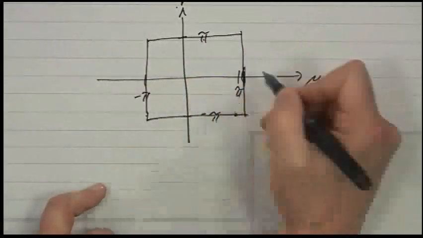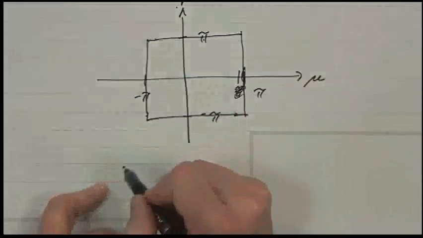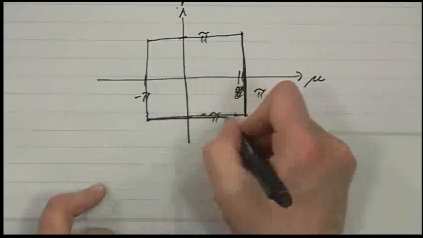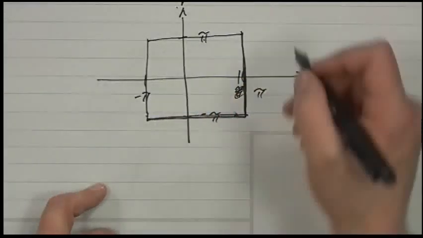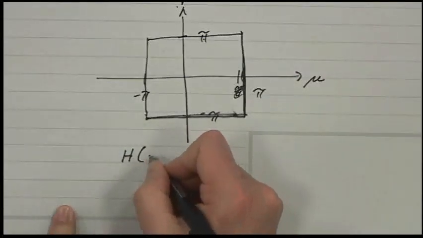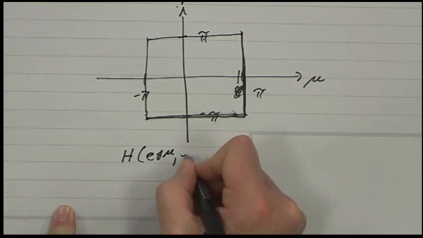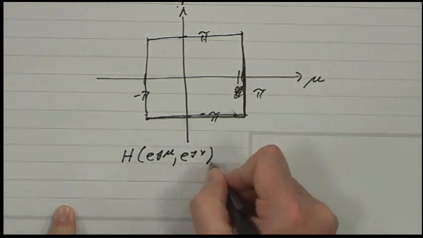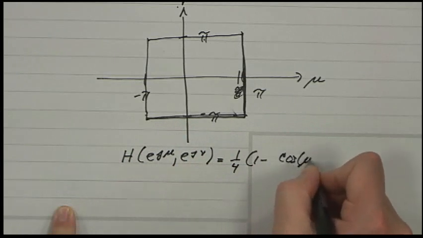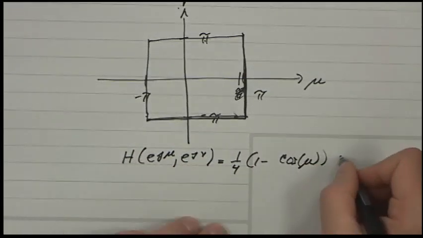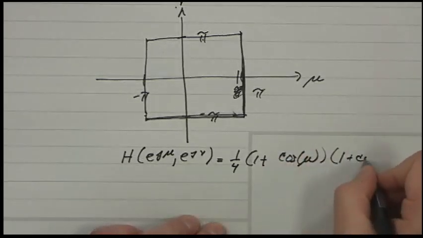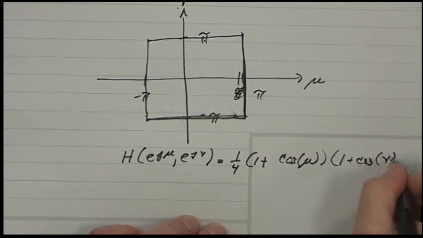Oops, I was supposed to go through there, okay. Any place along this boundary, it's 0, because if you look at this function, H of e to the j mu, e to the j nu, that's equal to 1/4 (1 minus cosine of mu)(1 plus cosine of nu).